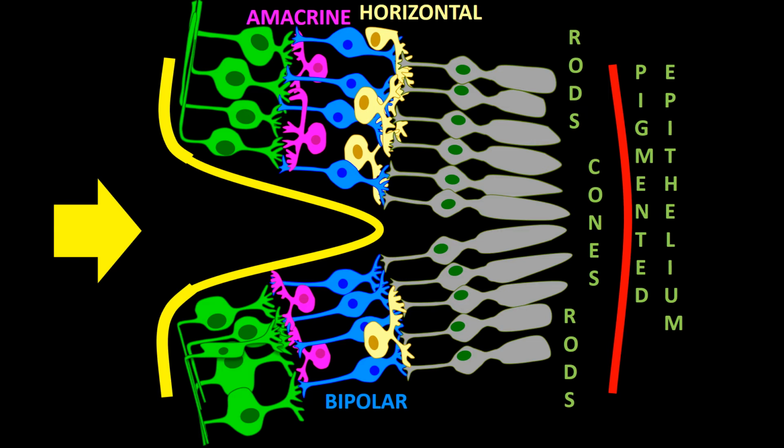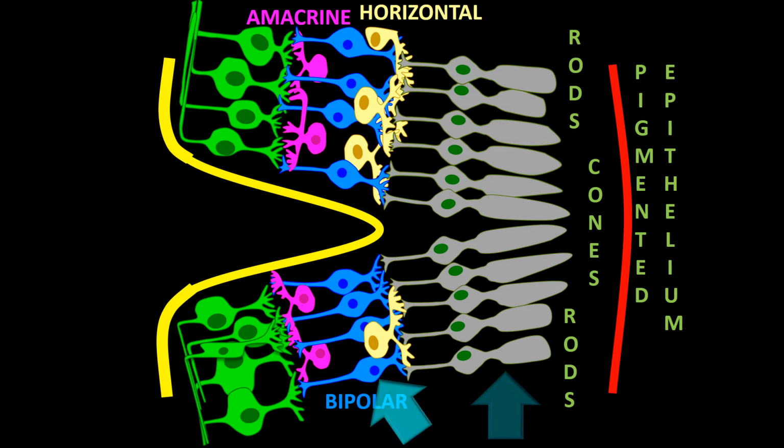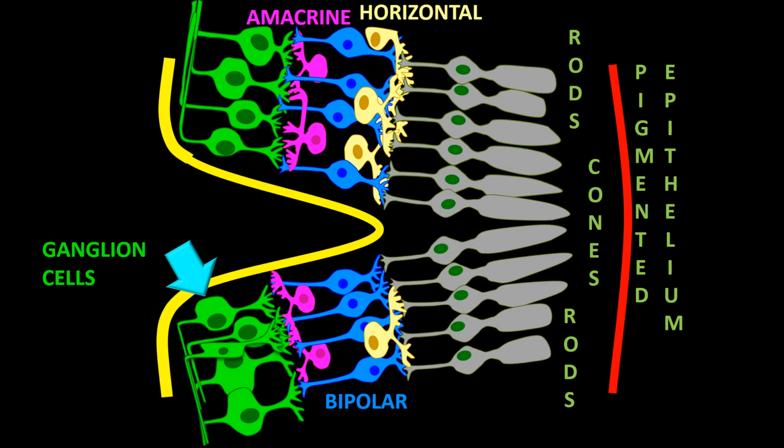Anyway, light comes in, hits the pigmented epithelium, cones and rods react, retinal neurons become active, and send signal to the ganglion cells whose axons constitute the optic nerve.